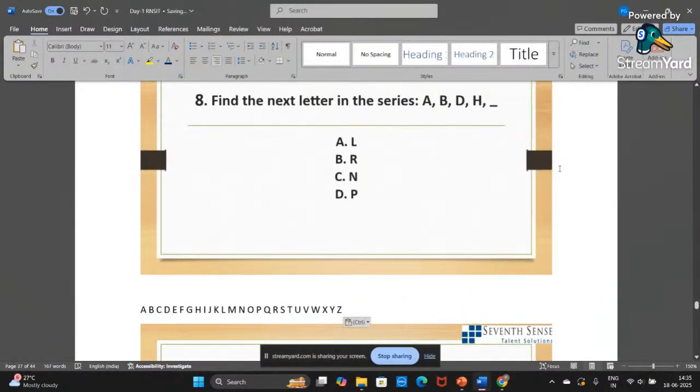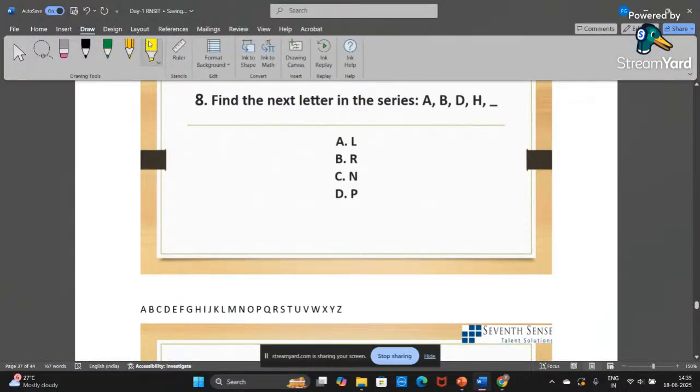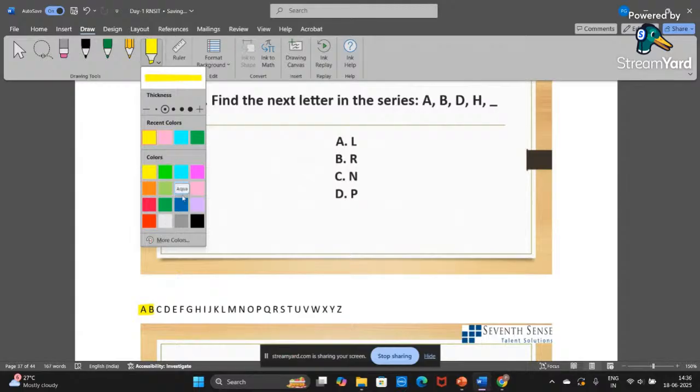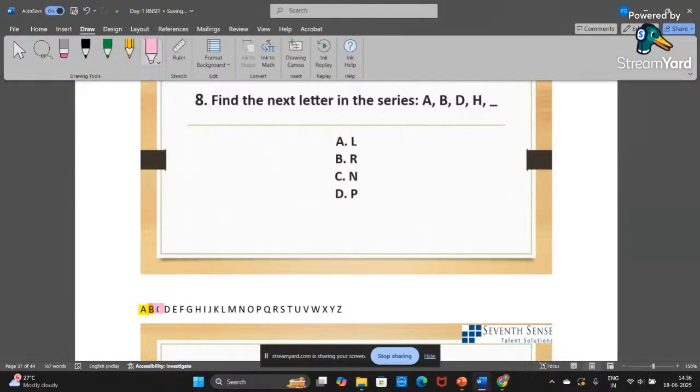See, after A, they have written the next alphabet itself, right? For B and D, they left one alphabet, that is C, right?